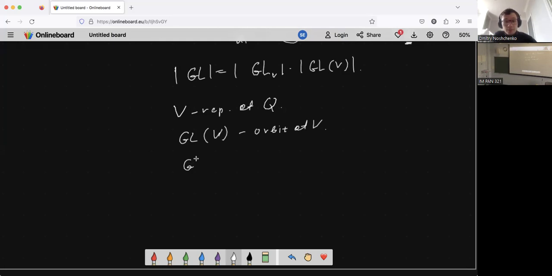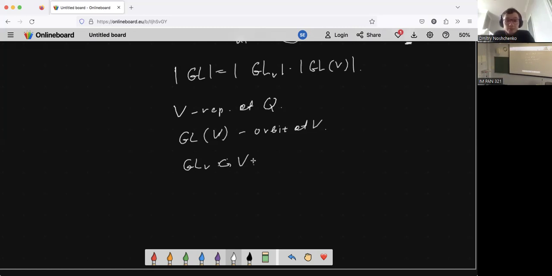So it means that there is some set of elements such that this acts on the representation itself and gives again V.